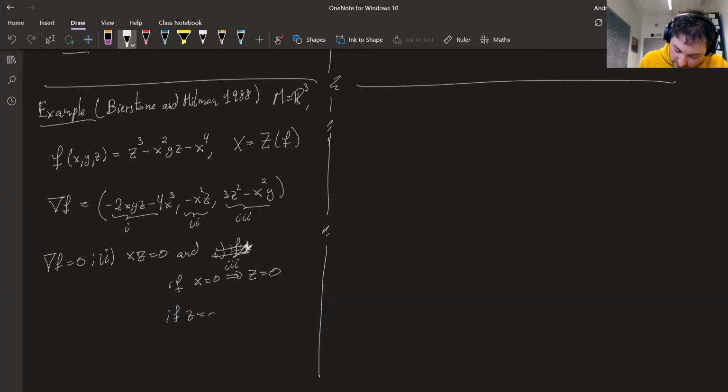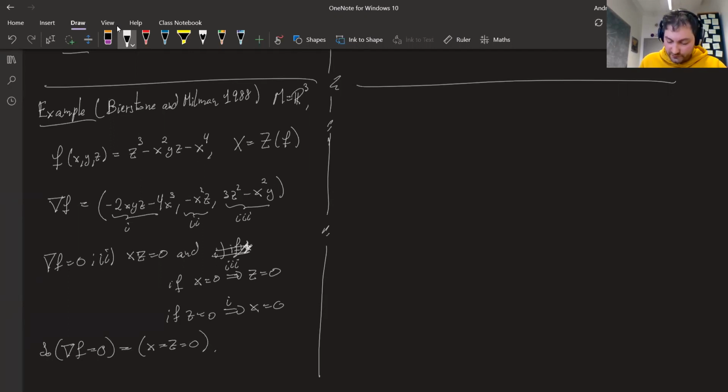And if z is equal to 0, then by 1, x is equal to 0. So we take from this that the curve of singularities of f, or better, the curve of points where the gradient of f equals 0, is going to be given by x equals z equals 0.